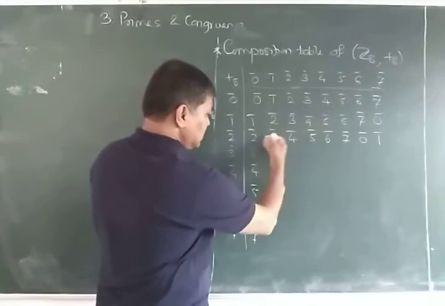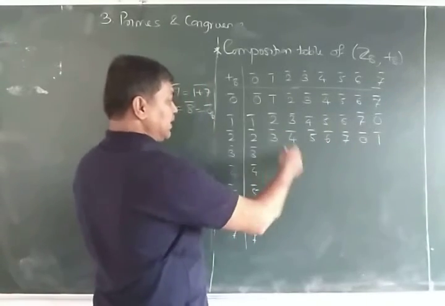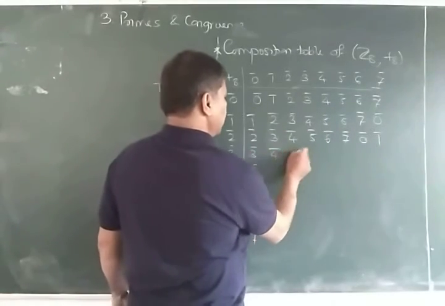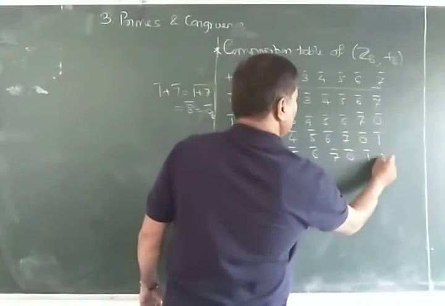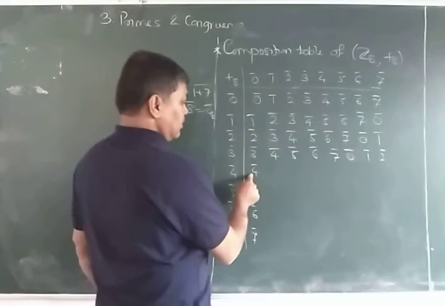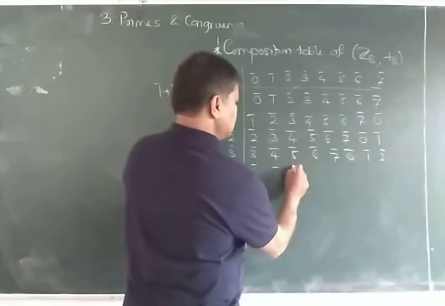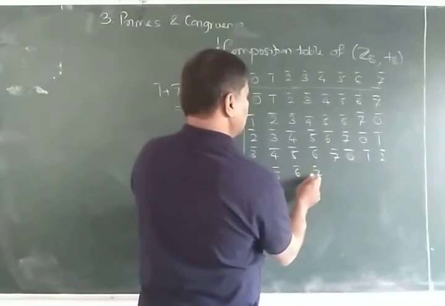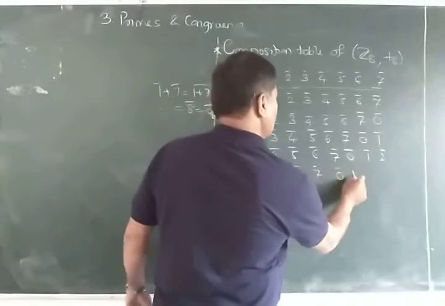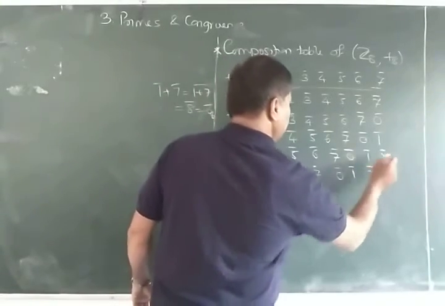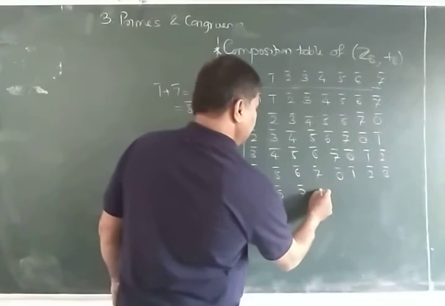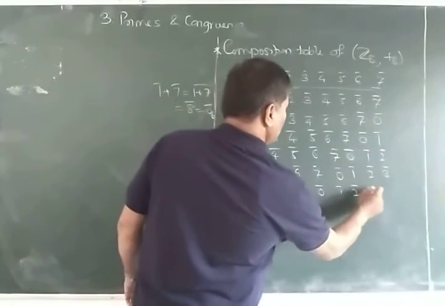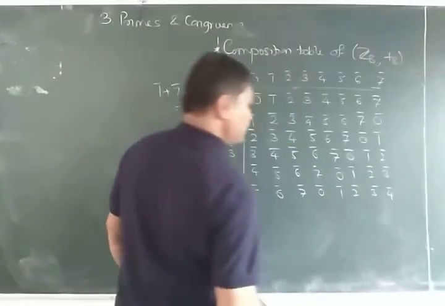So just these elements are moving in cyclic order. 3, 4, 5, 6, 7, 8. 8 means 0 bar, 1 bar, 2 bar. Then 4, 5 bar, 6 bar, 7 bar. But after 7, 0 bar, 1, 2, 3.